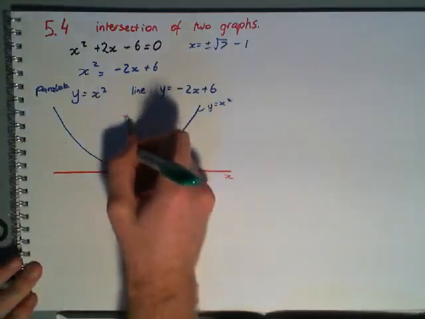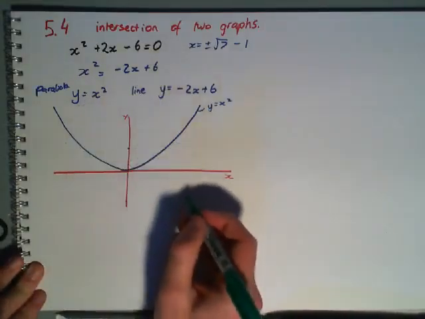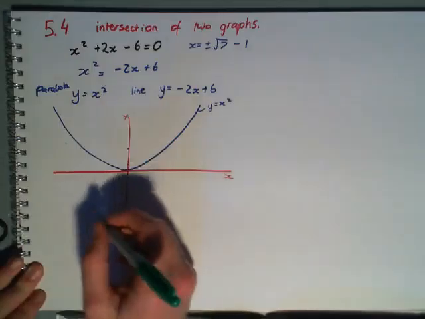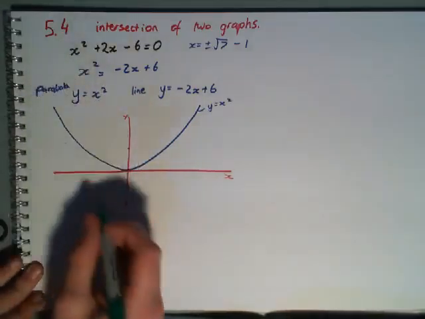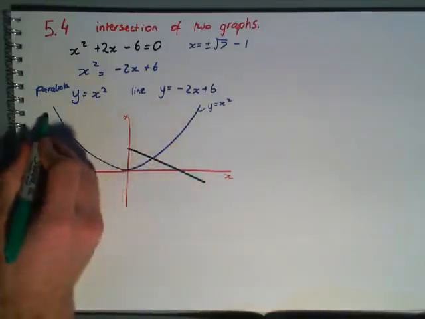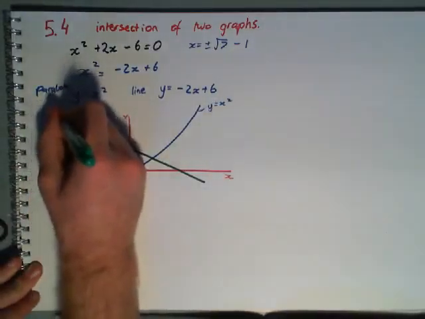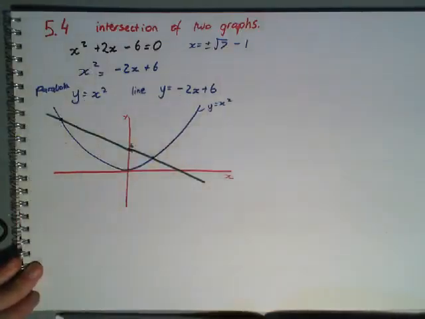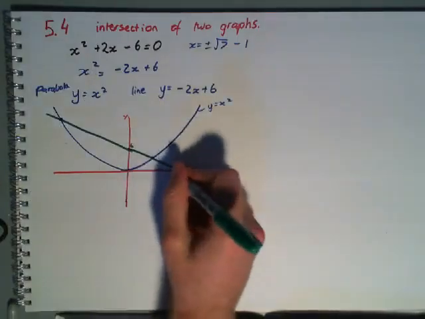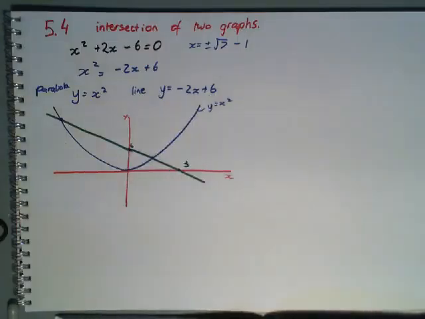Okay, has the y-intercept at 6. And negative, meaning we go down. And 2, meaning it's been dilated. So just roughly something like that, and that goes through 6. And we have the x-intercept of this line, which I can work out as 3.